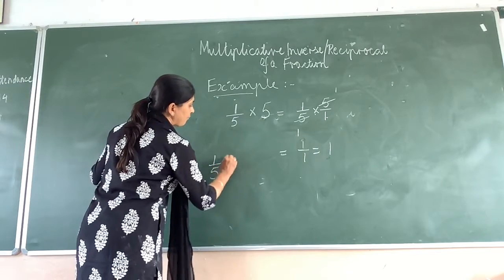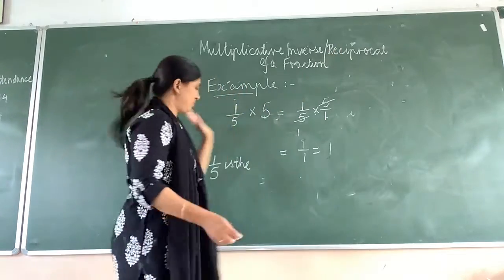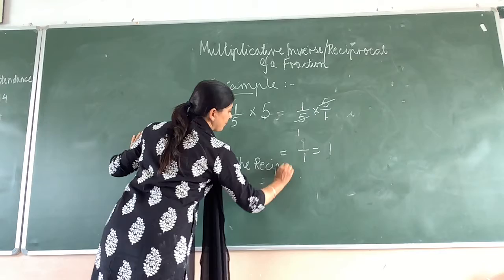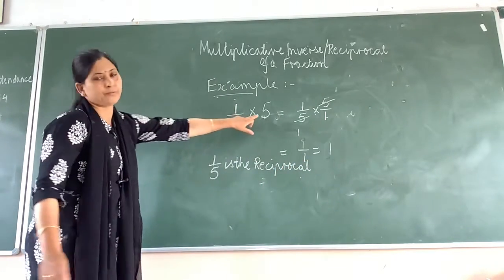1 over 5 is the multiplicative inverse, which also means reciprocal, of 5.